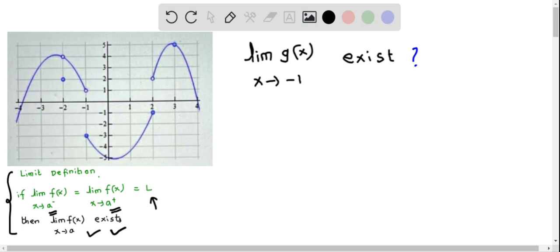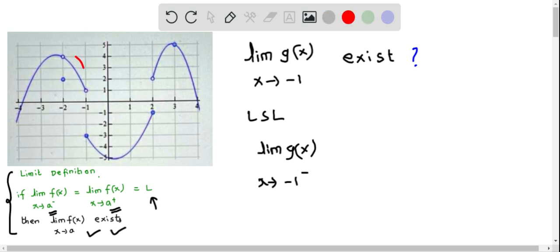First, I'm going to find the left side limit of the function g of x as x approaches -1 from the left side. This can be written as the limit of g of x as x approaches -1 from the left, which is indicated as -1 minus. Now we look at the graph and determine this.